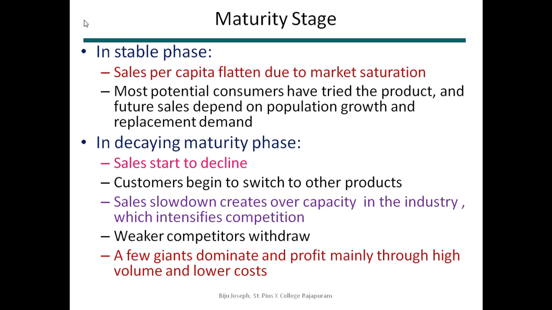They may withdraw from the market. And a few giant marketers may dominate in the market and profit mainly through high volume and lower cost. They may try to sell a large number of units, and as a result they may try to reduce the cost. So the profit during the maturity stage, especially decay maturity phase, is mainly through high volume and lower cost.